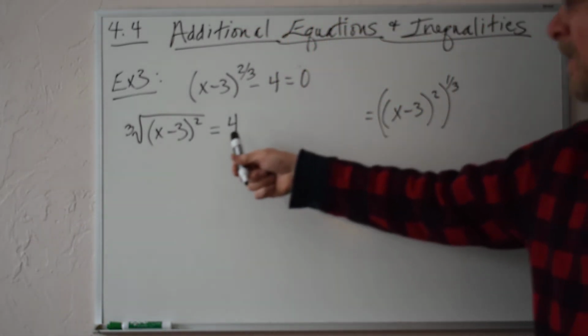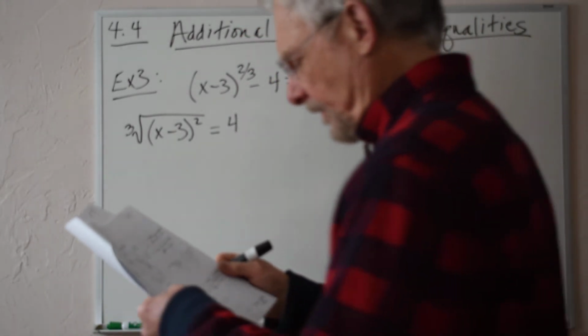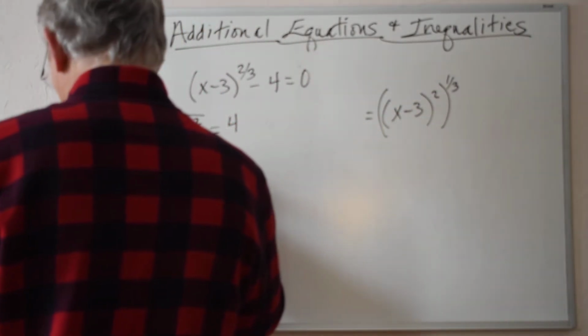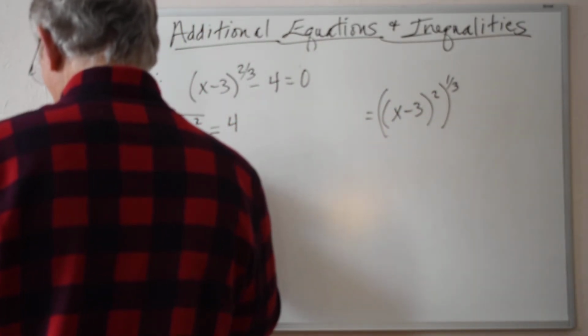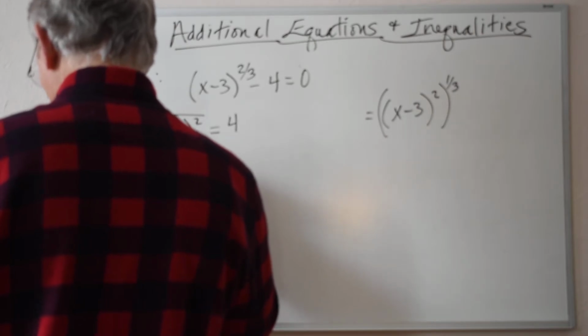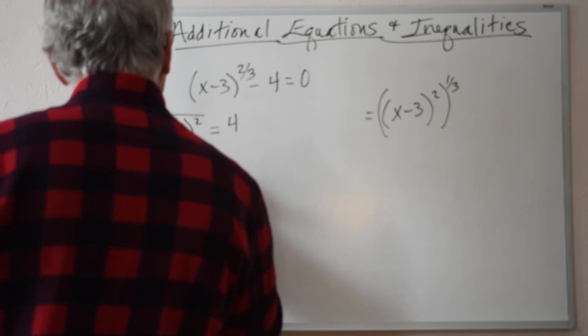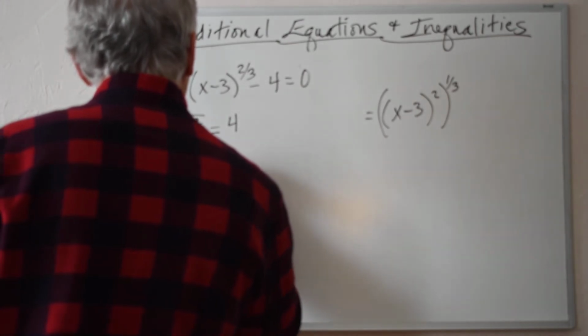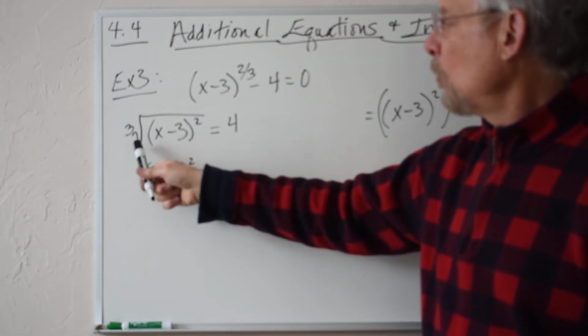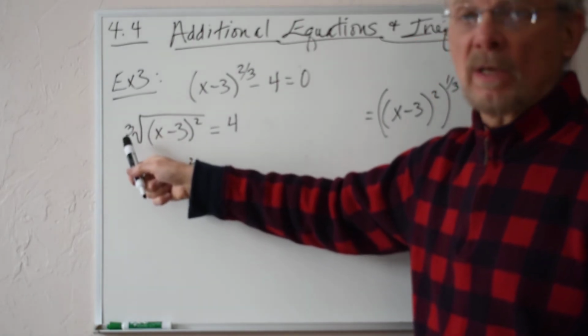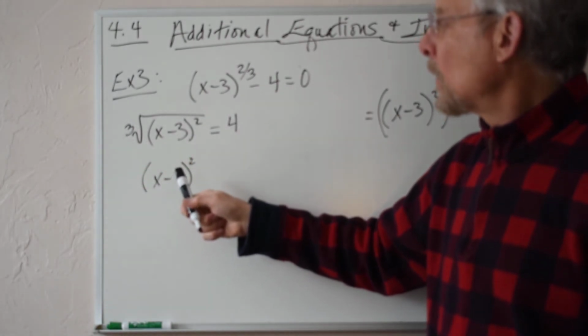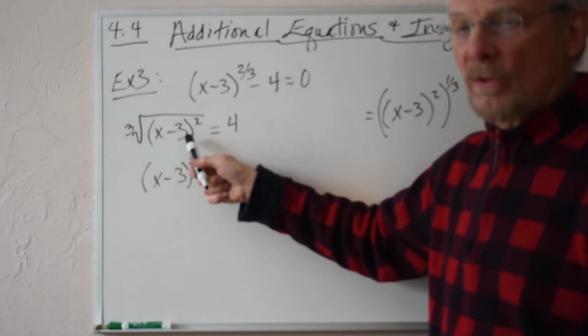You say, well, I add 4 to each side, now it looks like that. Now I cube each side. Of course, the purpose of cubing this left side is to get rid of that radical sign entirely. So the only thing that's left is what was under the radical sign up here.